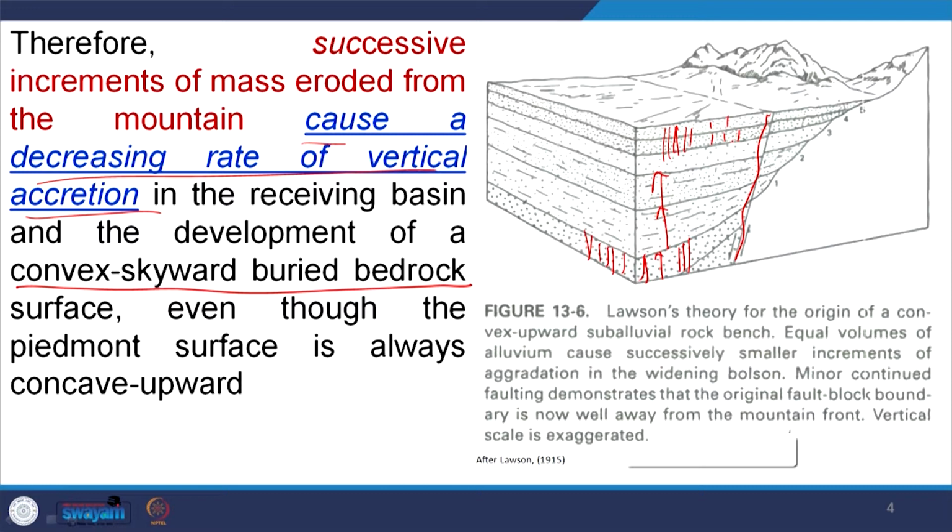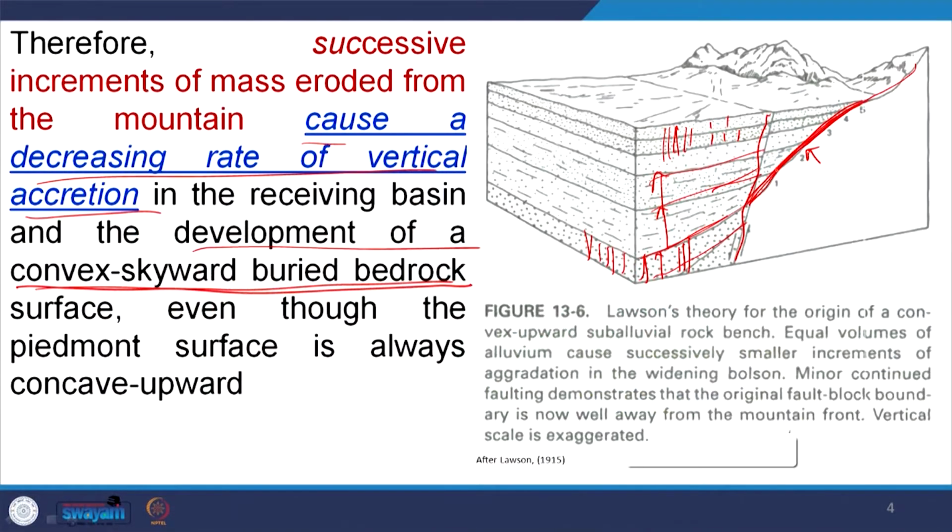But here, if you see, this is the sediment deposited, again this is sediment deposited, then a third sediment deposited. All those sediments are truncating along this pediment surface. This is the pediment surface, or the erosional boundary pediment surface. So, it is creating a skyward formation, that means a convex upslope, a waxing slope. That is why there is development of a convex skyward buried bedrock surface, even though the pediment surface is always concave upward.